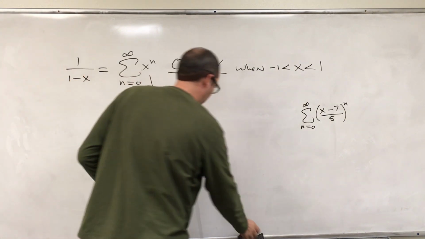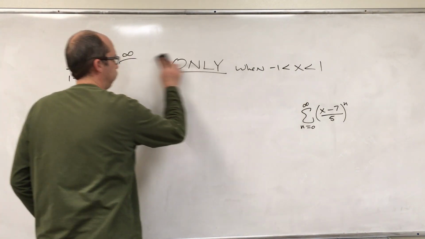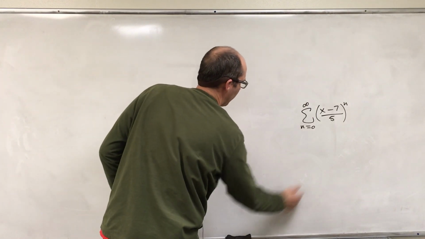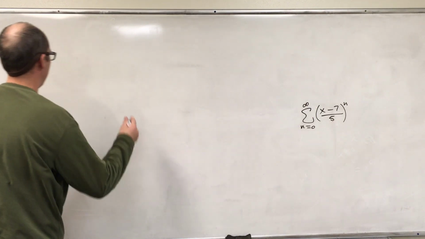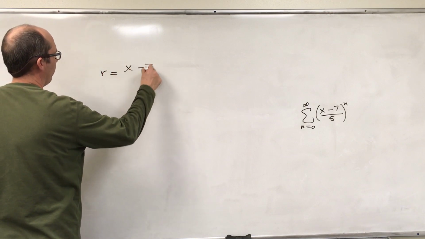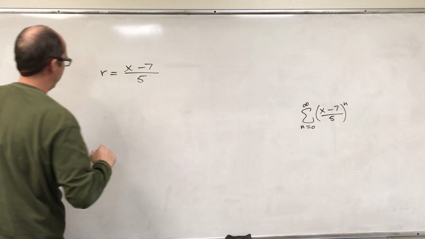Okay, so in this problem, r equals x minus 7 over 5.